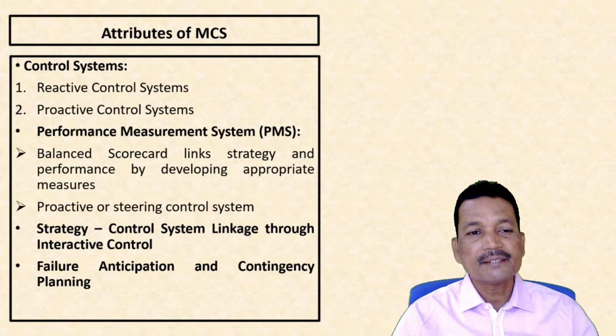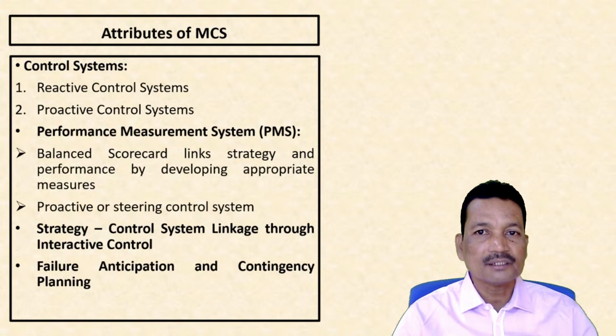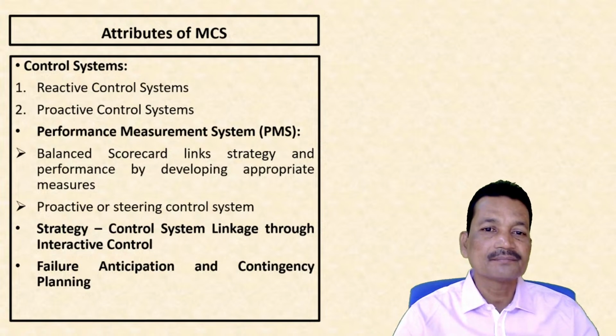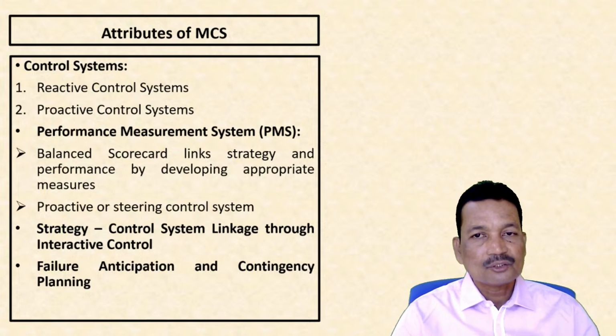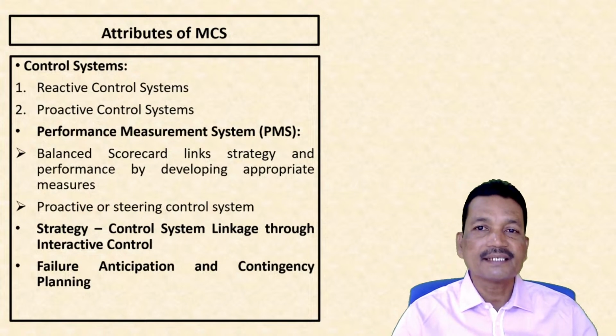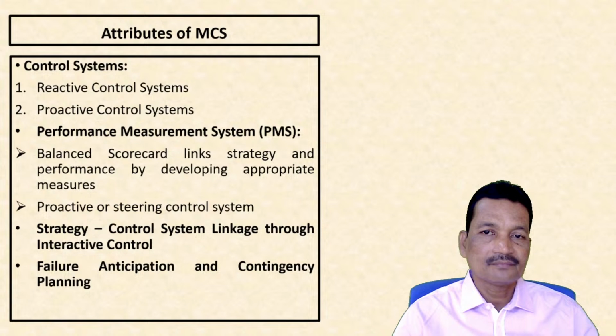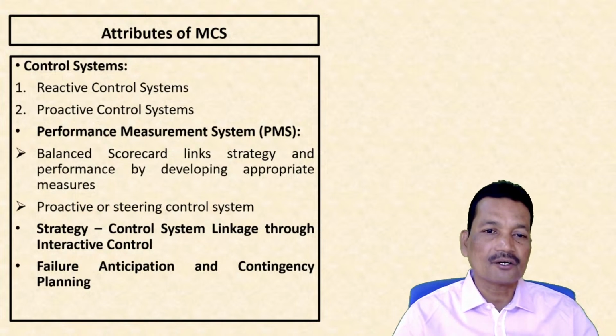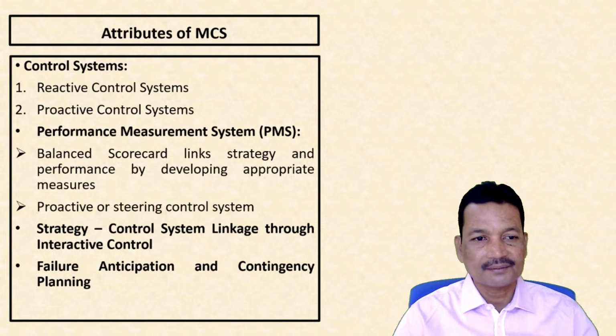When the actual implementation goes on, that means we are actually performing the tasks, so there we try to measure how much is their progress. And we compare that with whether they are matching our strategy or not. That means we try to link it with our strategy.